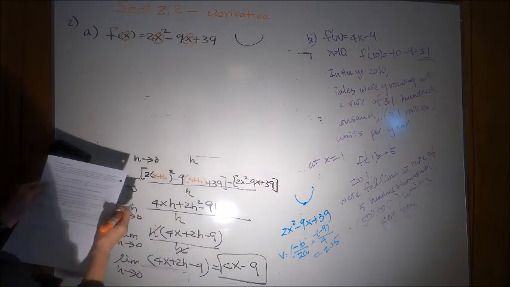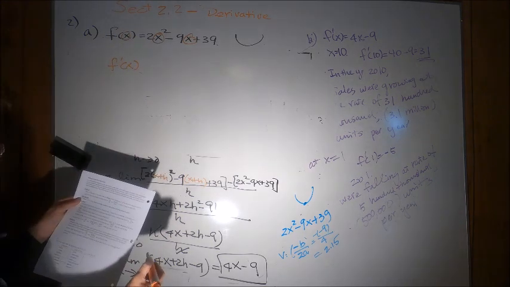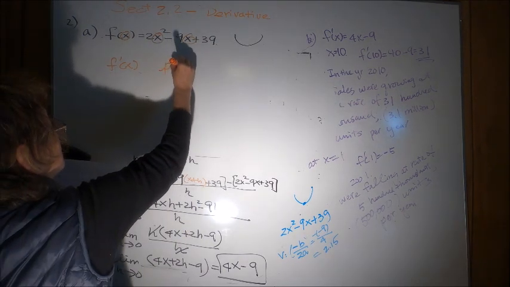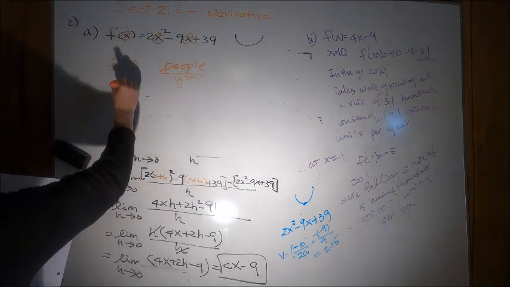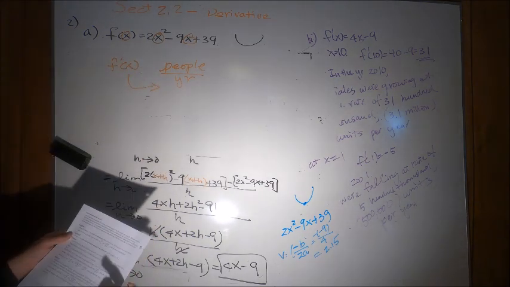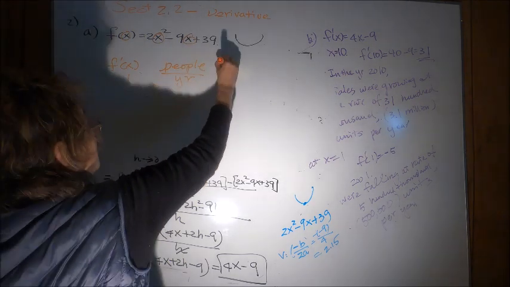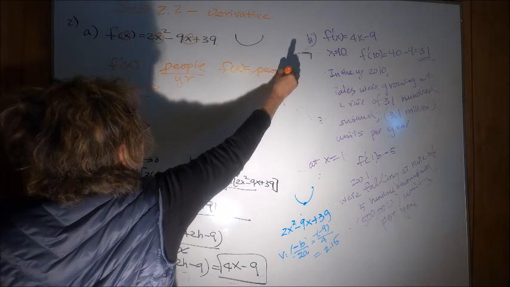So in general, if you say f prime of x is what? Rate of change, people per year. So if x is the year, right? And the function, f of x, is the people, right?